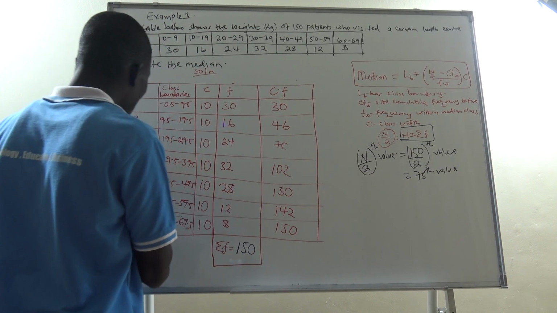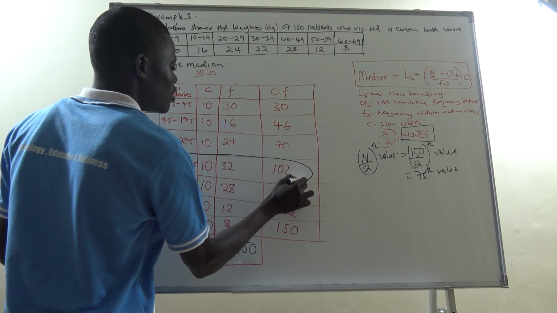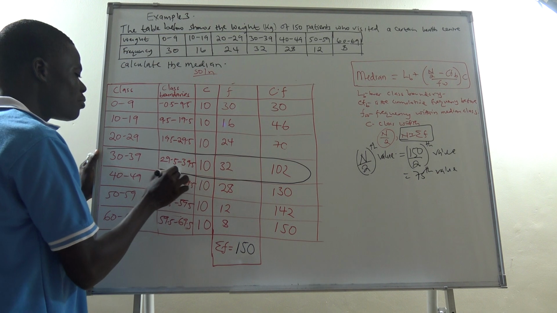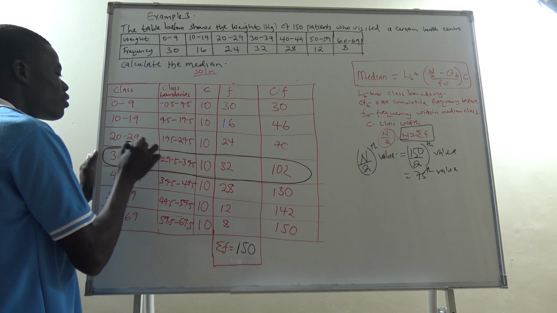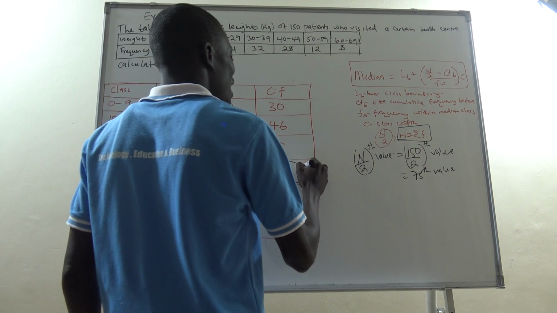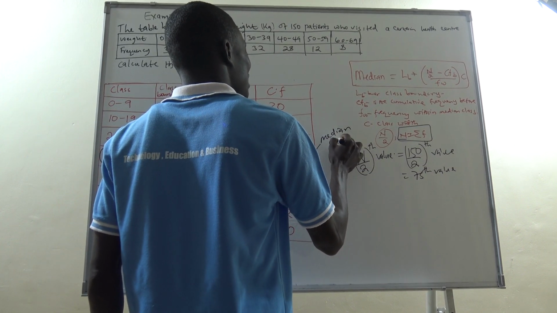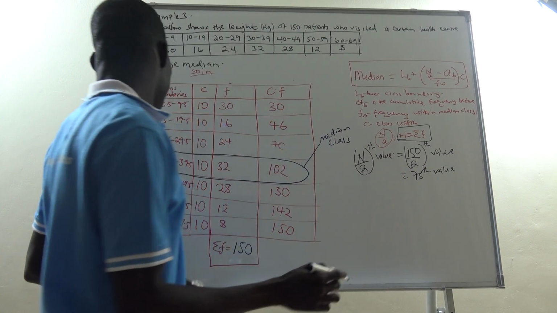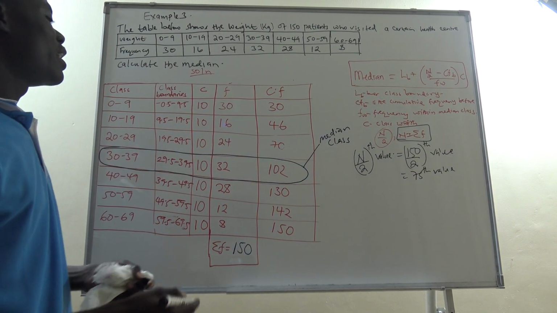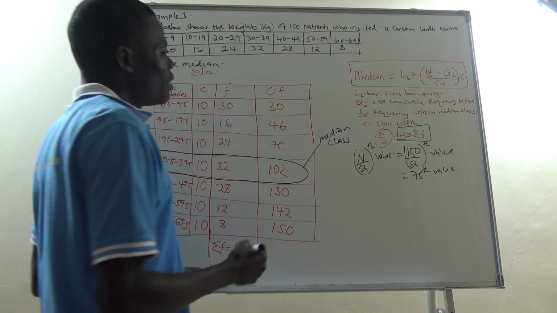So it can go in this value and then it fits there. So by identifying the value where it can go, that column becomes our median class. So we have identified the median class, implying the median class must lie in between these ones.